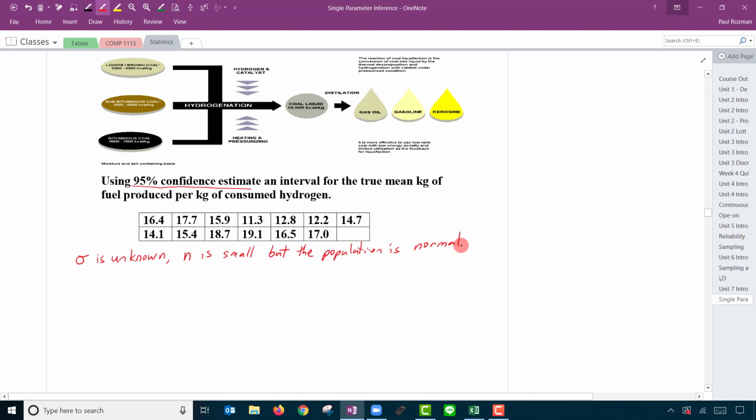The population was, they told us, bell-shaped, so we'll say it is normal. And then this tells us that we get to use the t-distribution with n-1 degrees of freedom.